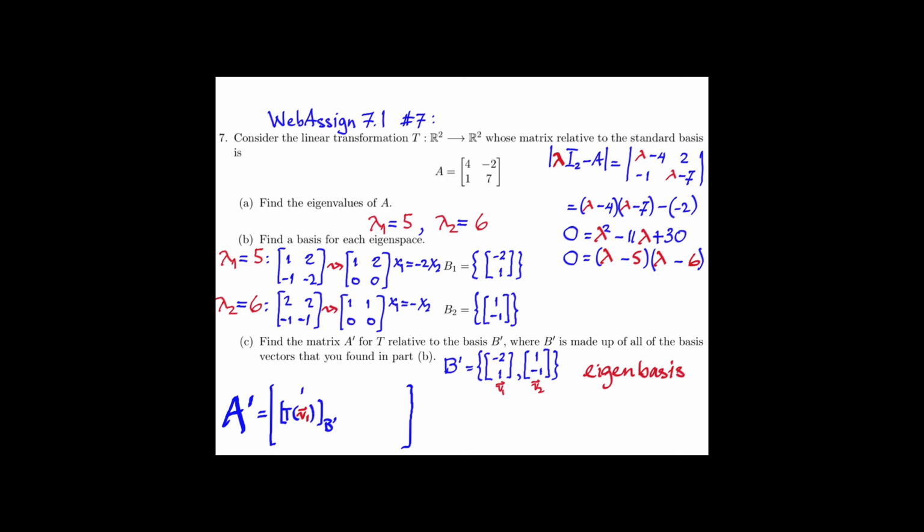Remember, the columns are just coordinate vectors relative to the new basis of the images of the basis vectors. So we have to find T of v1 and then get its coordinate vector relative to the basis B prime. And then we have to find T of v2 and get its coordinate vector relative to the basis B prime.